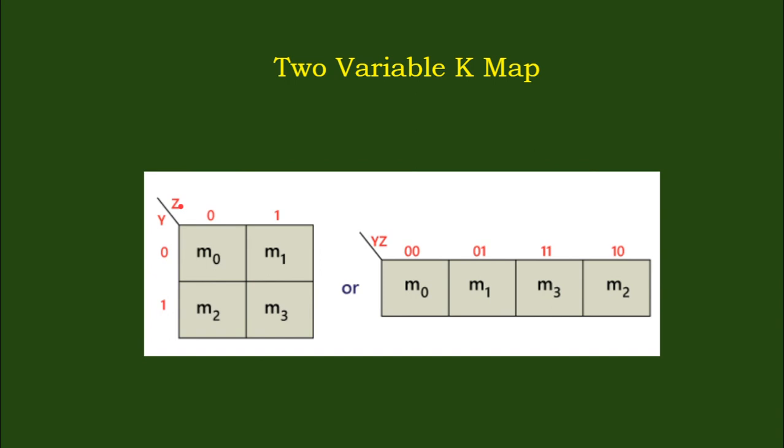Suppose the equation contains f is equal to yz, that means y is 1 and z is 1, so 1 1 is the combination. Let us see in the coming videos how to fill the values and solve the equation. For now, let us just know how the map looks like.